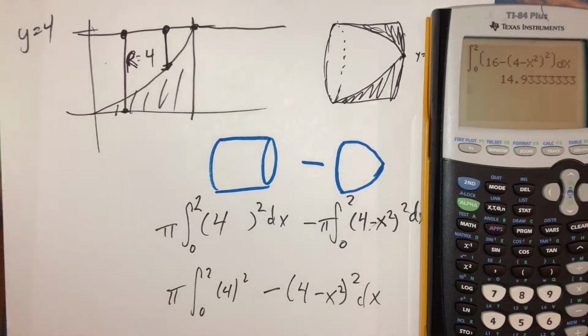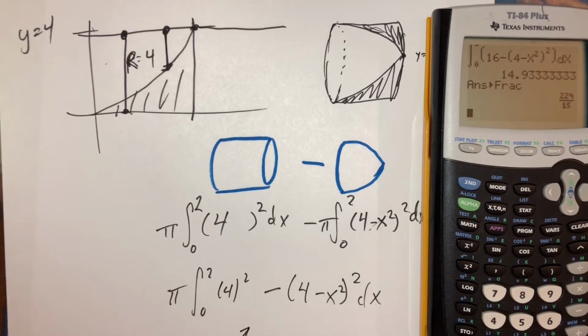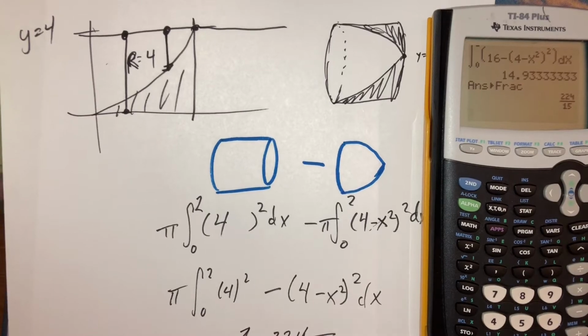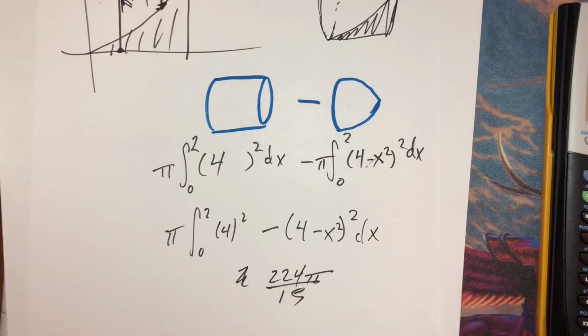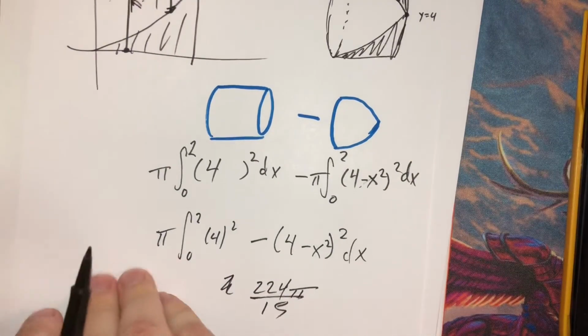So 14.93 repeating, so I can say 224 pi over 15. Oh, I'm off screen again. So that's what I got. And if I remember correctly from looking at his paper, 224 pi over 15, he got the same answer as us. Cool, Stu. Cool.